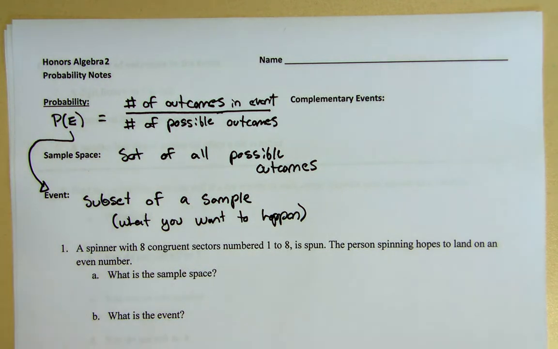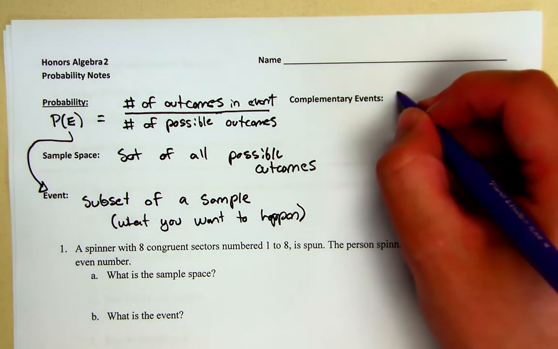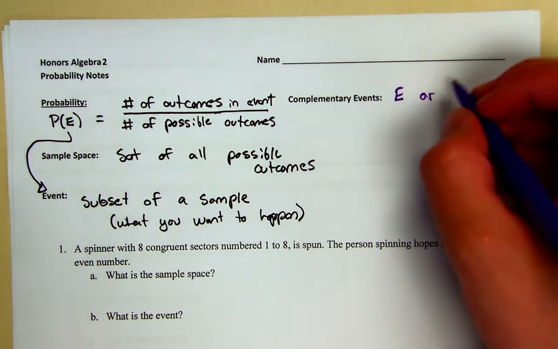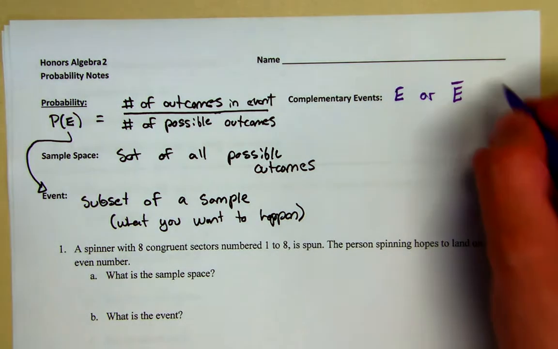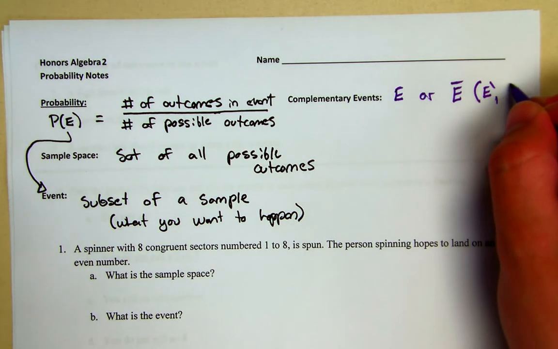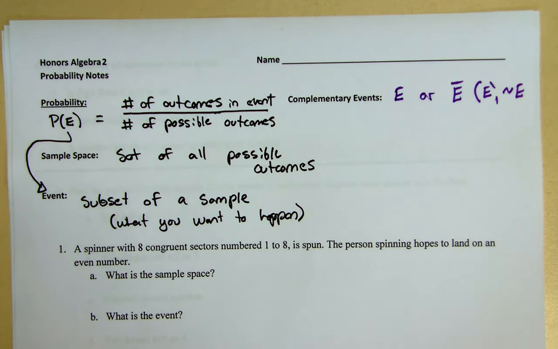So on the terms, a probability complementary events means something can happen or it cannot happen. So usually we typically think of this as the event happening or the event not happening, which can also be E prime. Sometimes we see not E, or something like that.